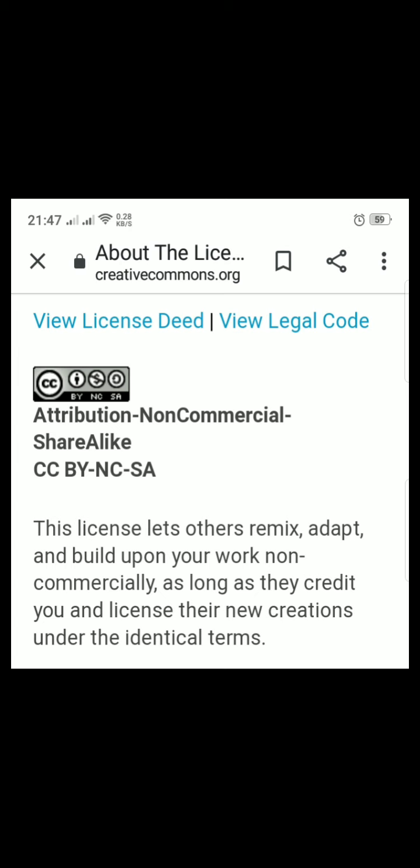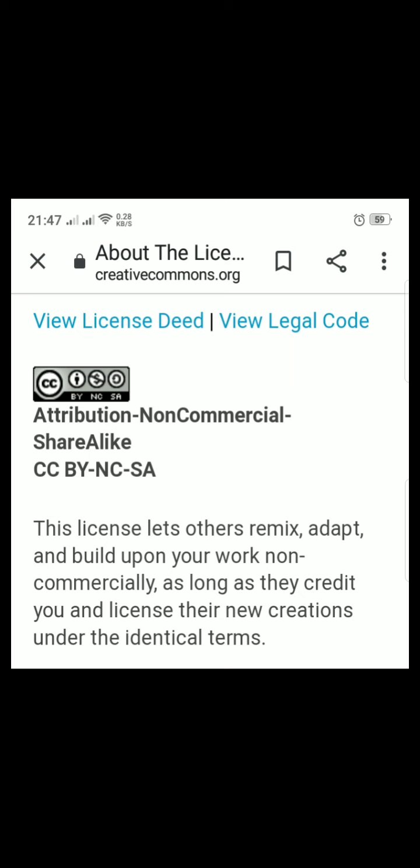The next and fifth license is CC BY NC-SA. Now see, here two restrictions are there. The resources you published cannot be used commercially and they should be shared as they are.